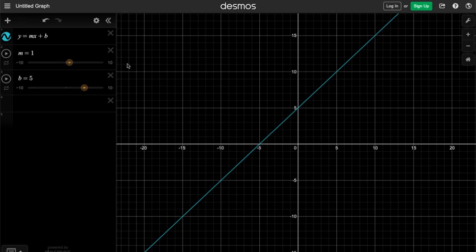This is because when m equals 1, then the equation becomes y equal to 1x plus b, or simply y equal to x plus b. So x and y move in a 1-to-1 ratio, and 45 degrees exactly means that it bisects the 90-degree angle, right in the center between the x direction and the y direction.